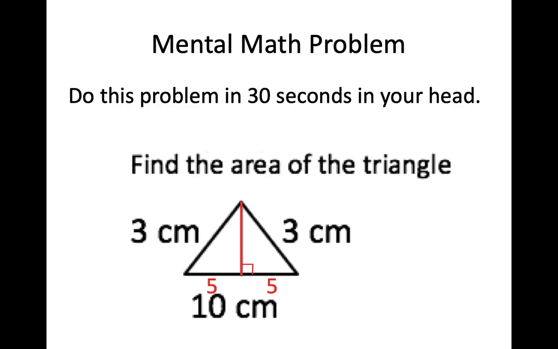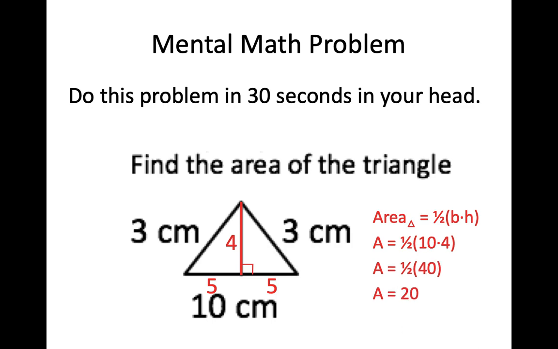This triangle is a 3, 4, 5. And so now I can figure out the area of the triangle. The area is 1/2 base times height. That would be 1/2. My base is 10. My height is 4. That's half of 40. That is 20. So again, if you can remember a 3, 4, 5 triangle, you can literally do this problem in your head.